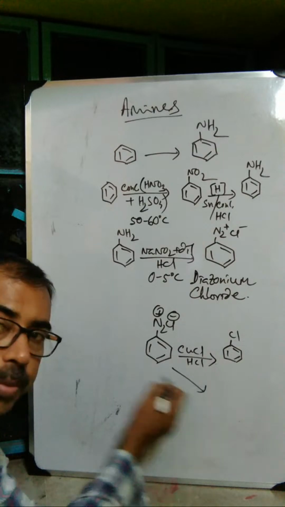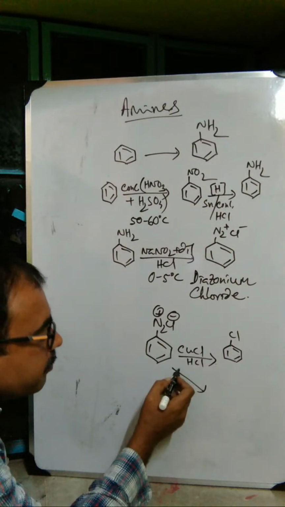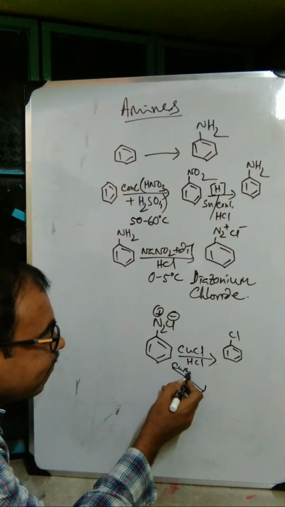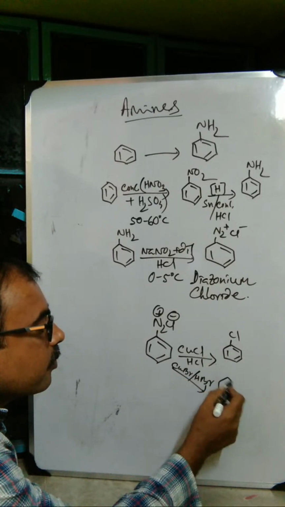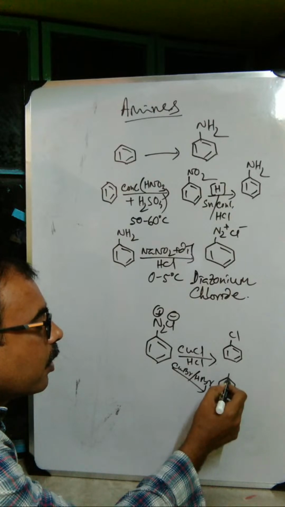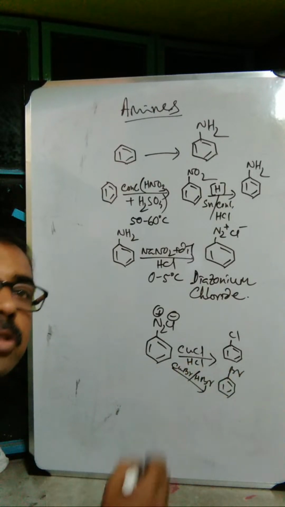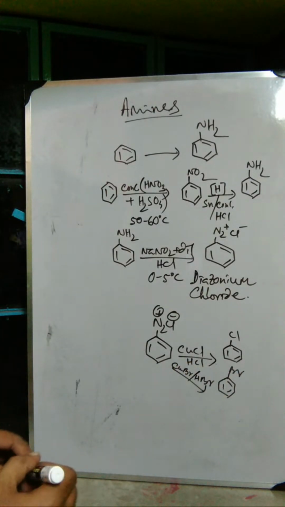If you give CuBr and HBr, you will get bromobenzene and so on. So let's look at those reactions.